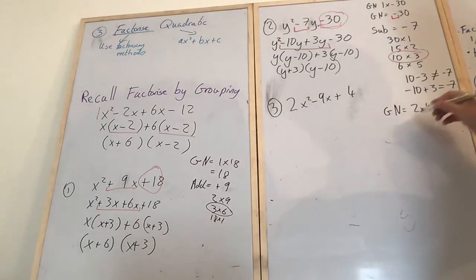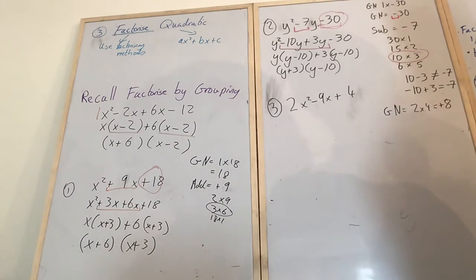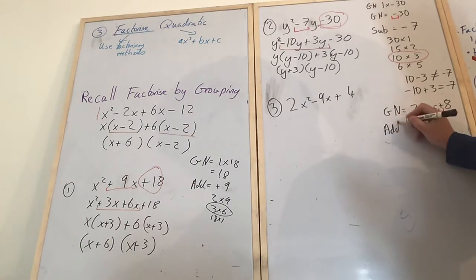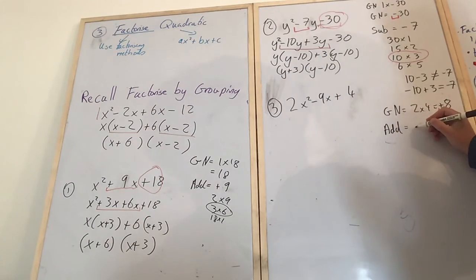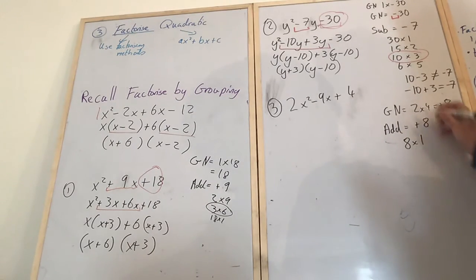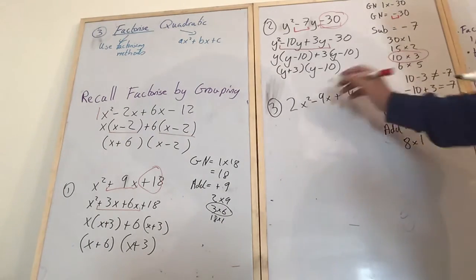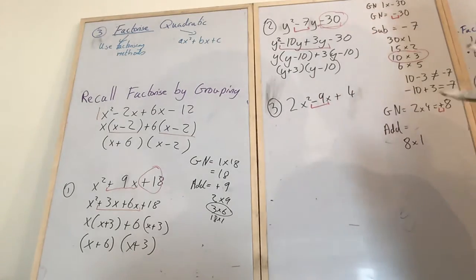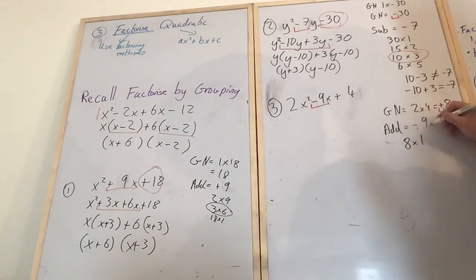So because it's a plus 8, we need to add two factors to give plus 8. Sorry, the two factors have to add to give, apologies, the middle term. They have to add to give minus 9.